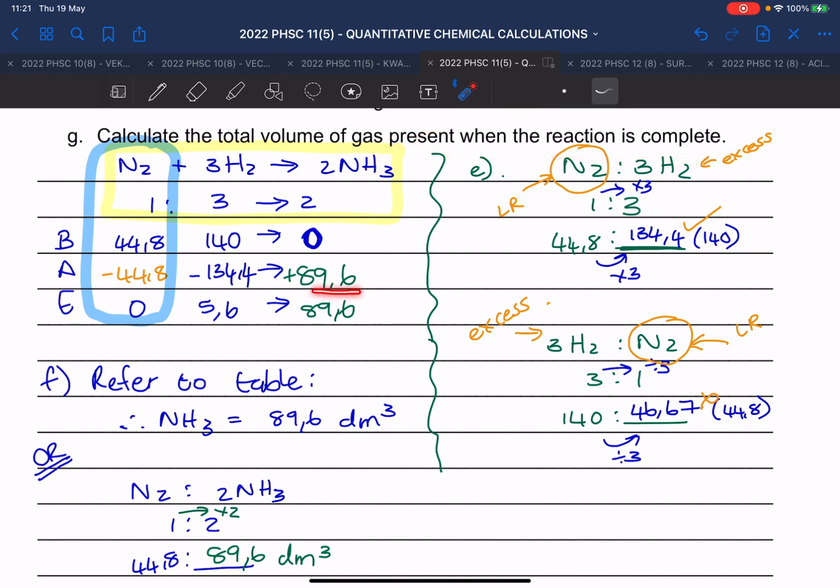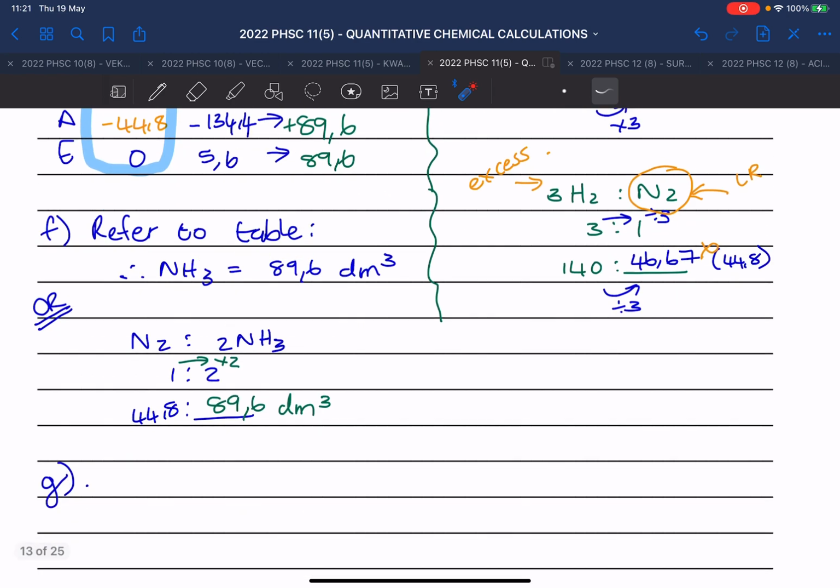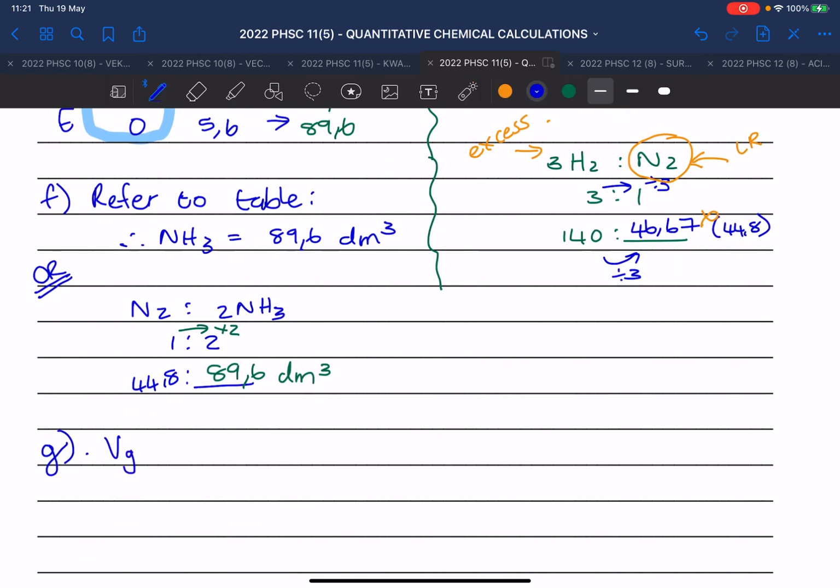So when the reaction was complete, that was our volume of gas left over. So I'm just going to add those two together. So we're going to say the volume of gas will be 5.6 plus 89.6, and that gives you 95.2, I think, decimeters cubed.